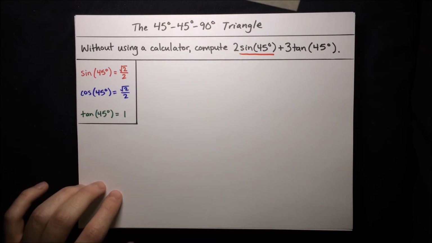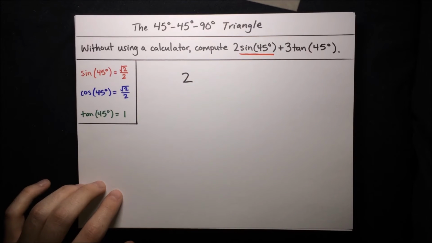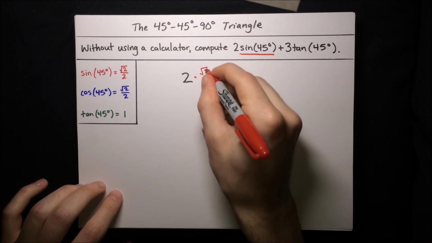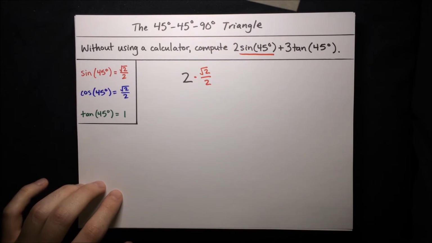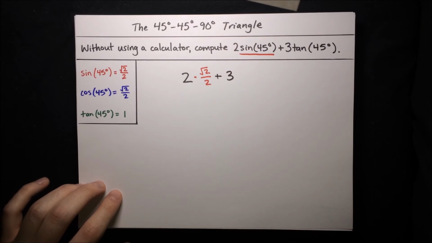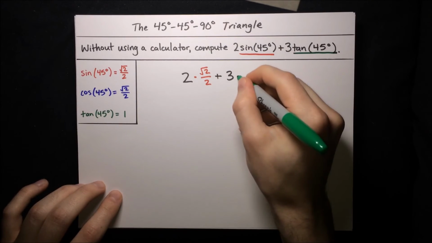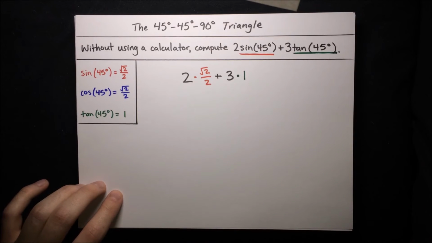So let's go ahead and do that. Let's write it again. So 2, but then times root 2 over 2. And then for tangent 45 degrees, let's write plus 3, and then tangent 45 degrees can be replaced with 1 here. So plus 3 times 1, and then we just have to compute this.